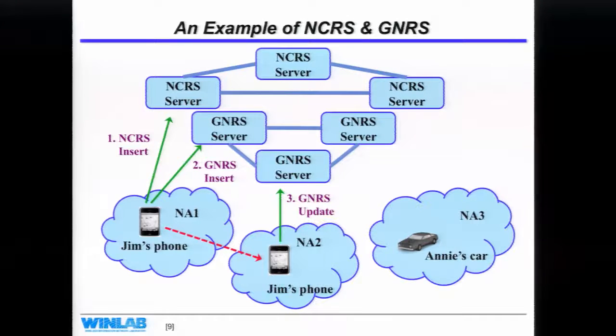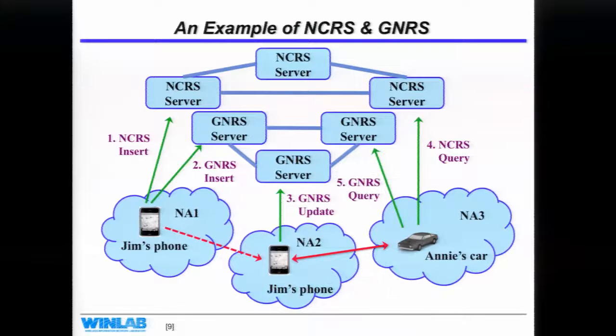So he needs to send a GNRS update, providing his new network address. Another user wants to communicate with James Fong. So the user first sends an NCRS query asking for James Fong's GUID. With the GUID, the user can query GNRS for James Fong's network address, with which these two users can communicate with each other.